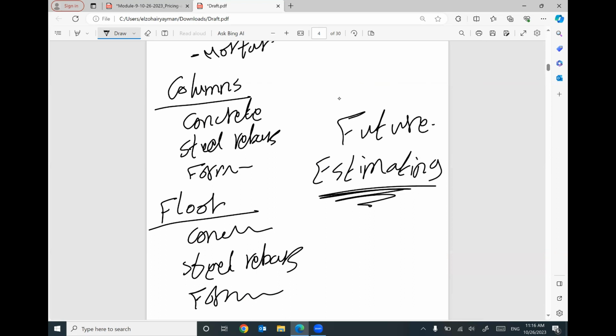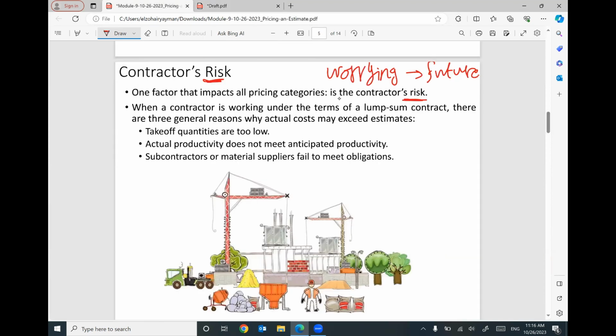Maybe after 1 month, 2 months, 1 year. We will start the project after 1 year. So we are estimating based on the current condition of the market. So maybe there is a risk. Changes can happen. This change may be good for the contractor, may be bad. So we have to consider this factor.